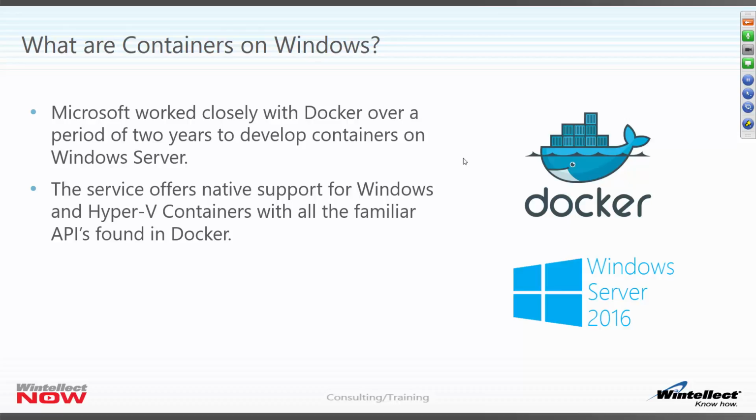But the main thing I want you to focus on right now is that these APIs can be accessed through Docker to deploy these kinds of containers. And these are not Linux. These are not containers that are running on a Linux thing. So these are native Windows containers running on Windows.